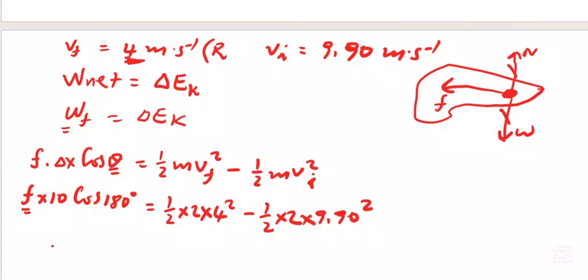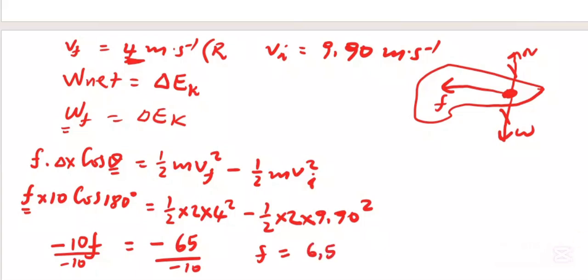We have negative 10F, equal to negative 65. Then we divide by negative 10, negative 10. So we get the frictional force, which is equal to 6,5 newtons. Then we are done for the day.